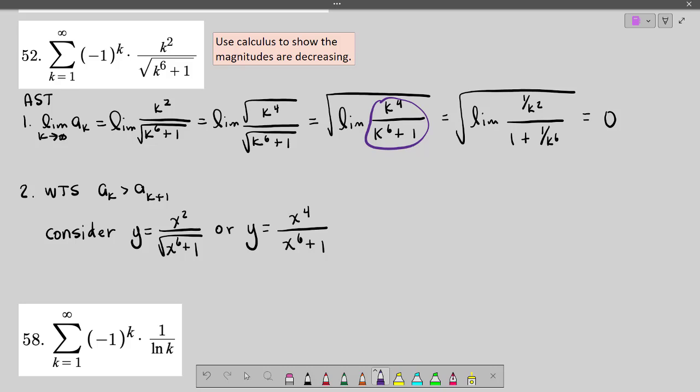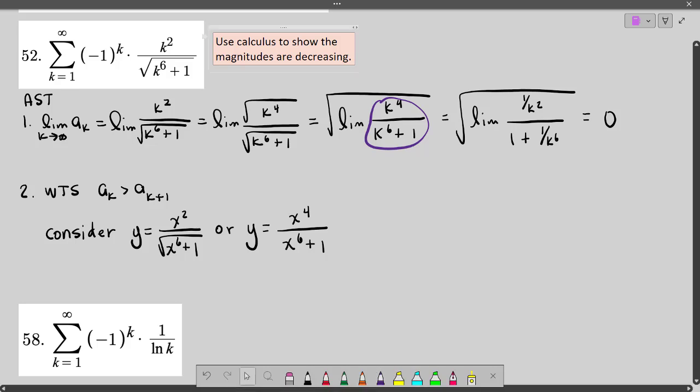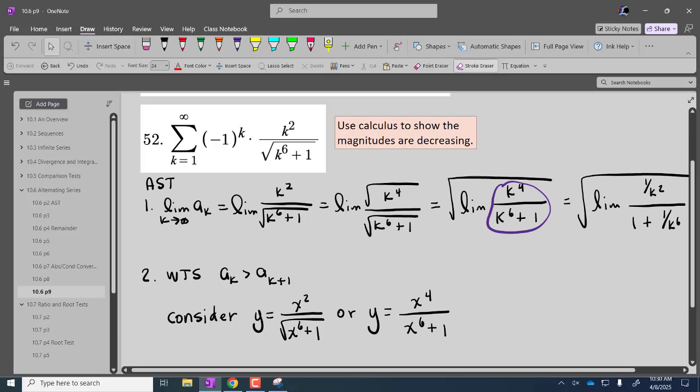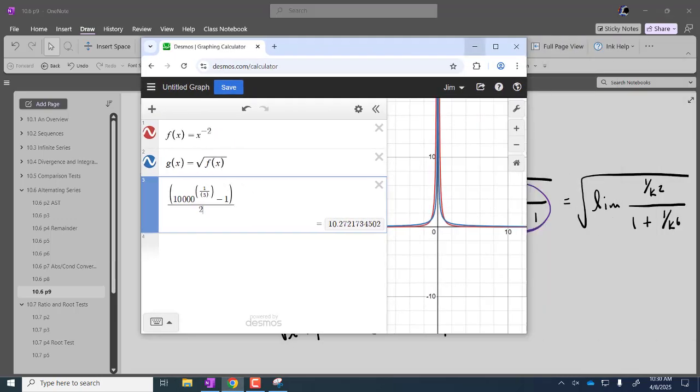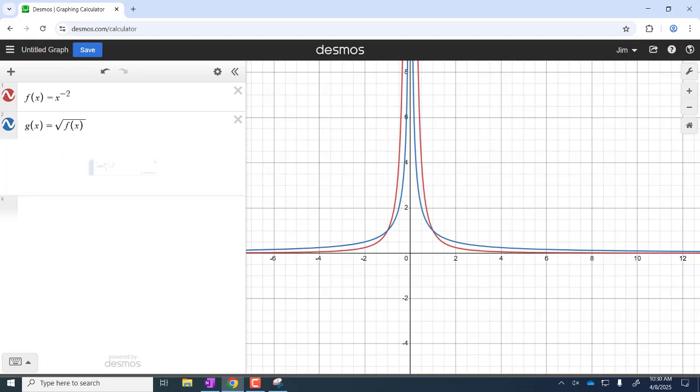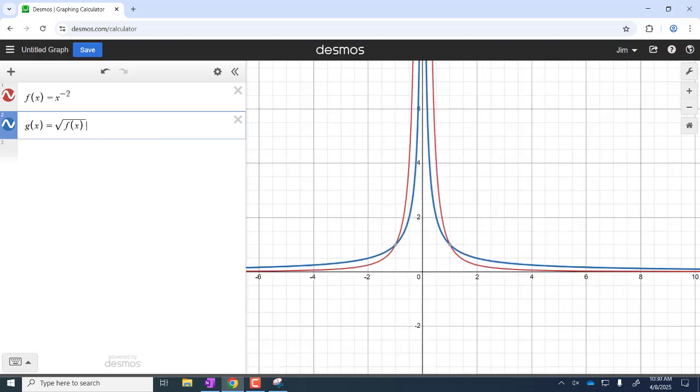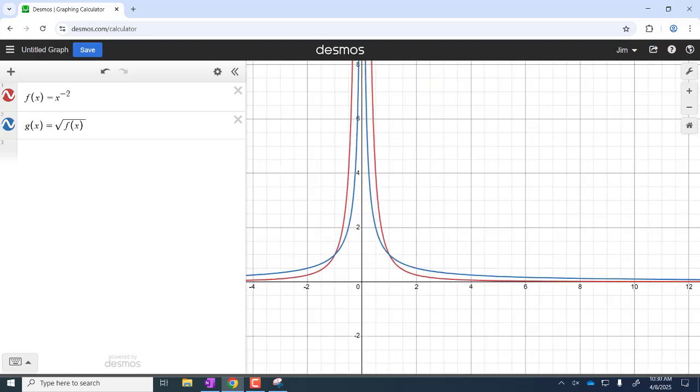Does that make sense? If we call this function x to the -2, that's the red function here. It's decreasing. If we take its square root, that's the blue function, which is also decreasing.